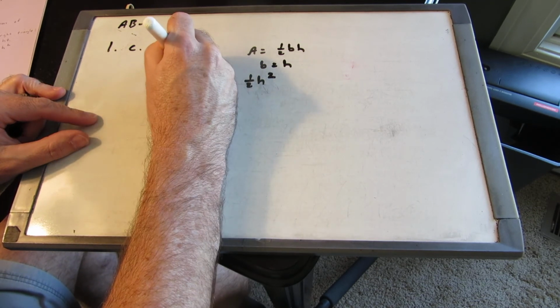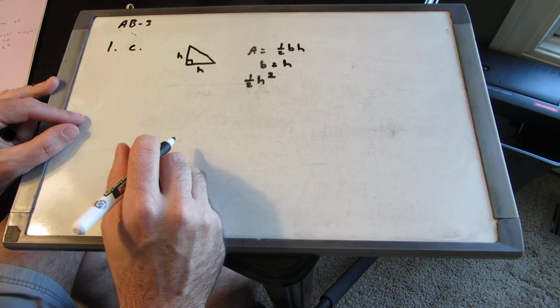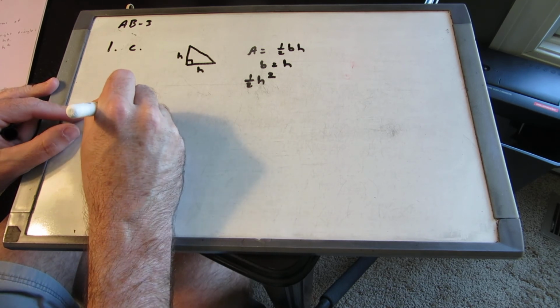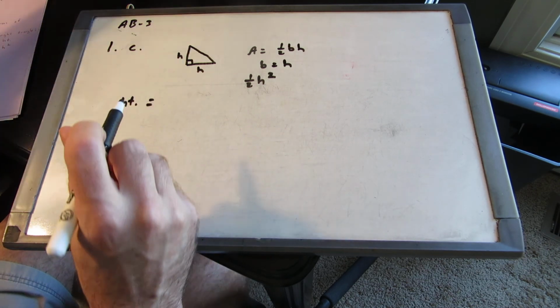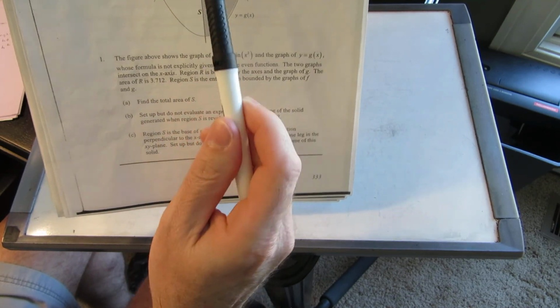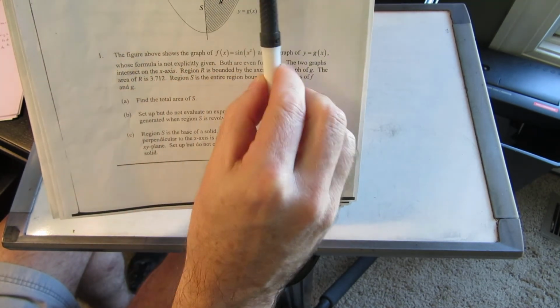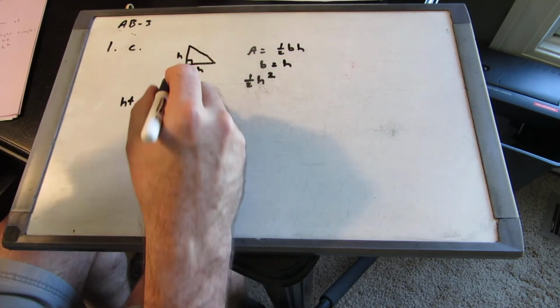So the height in this particular case, for that whole thing, what's the height? If you were to chop this all up into isosceles right triangles, the height of that triangle is just f of x minus g of x.